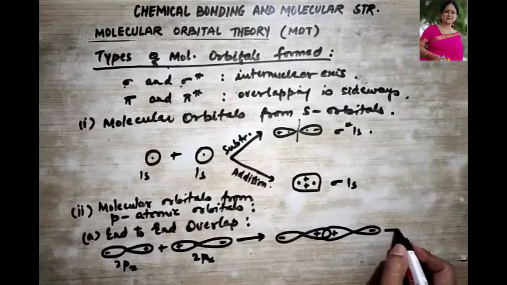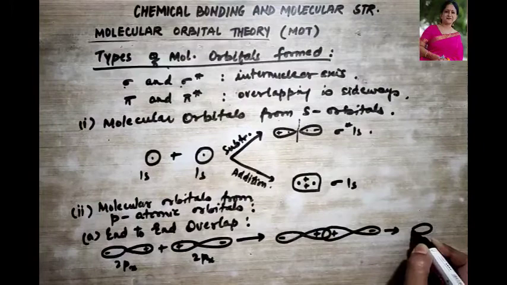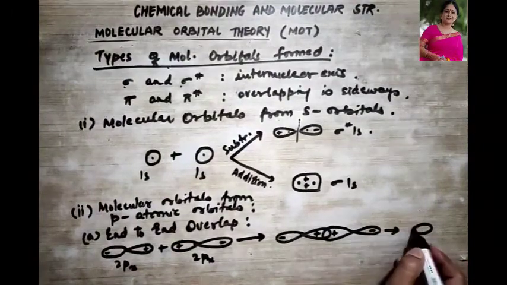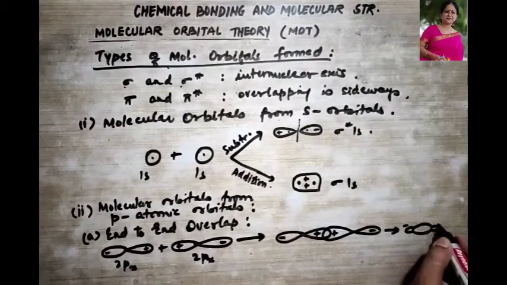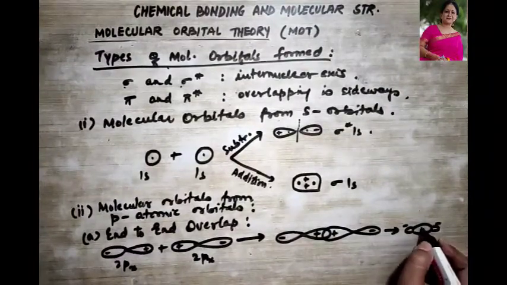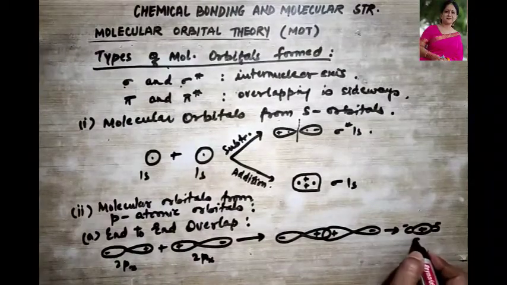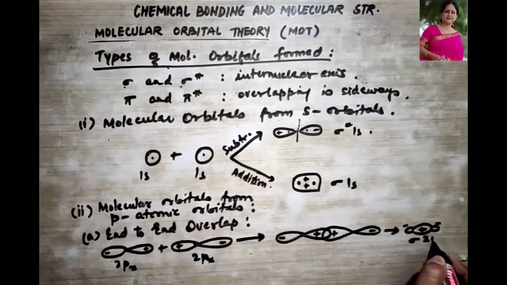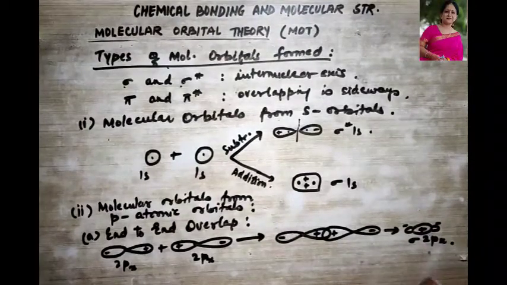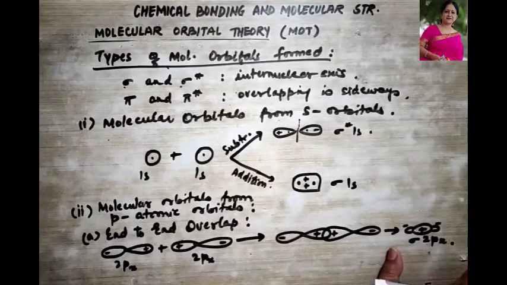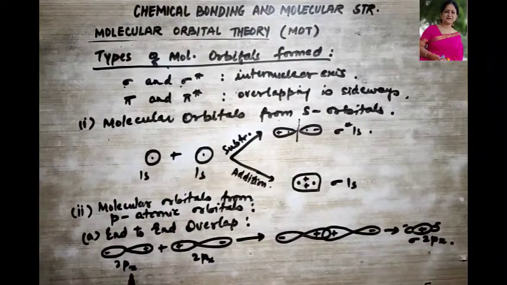So what is it going to form? These two combine. This is minus minus and this becomes plus. Okay, so this forms your sigma 2px.